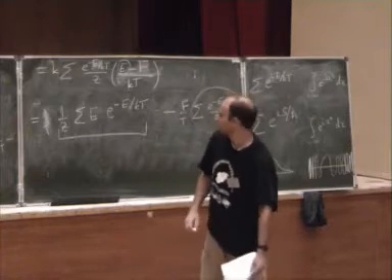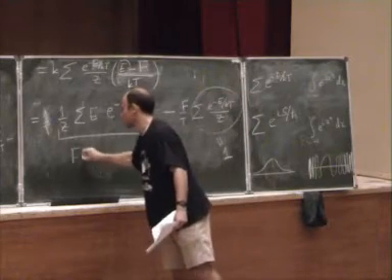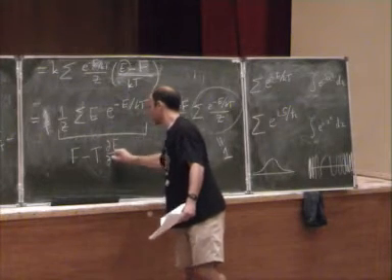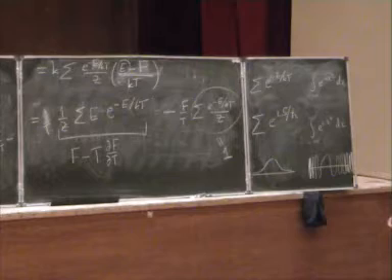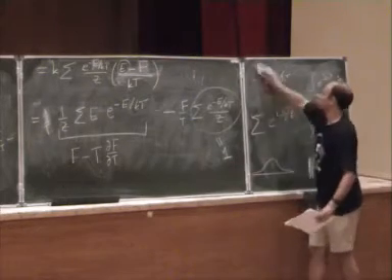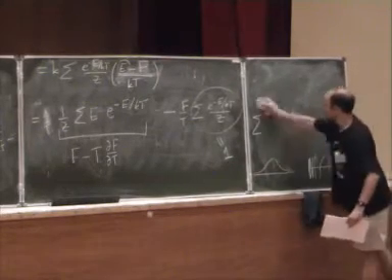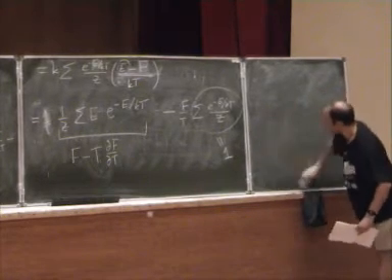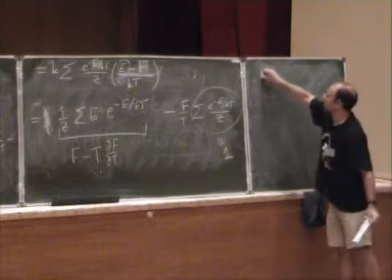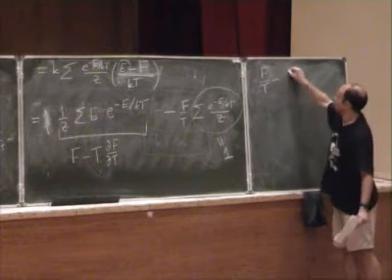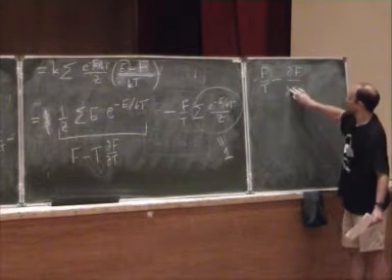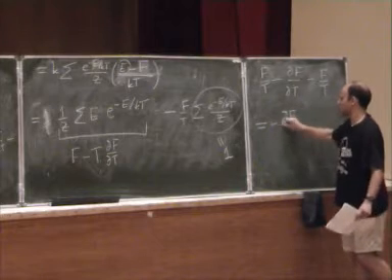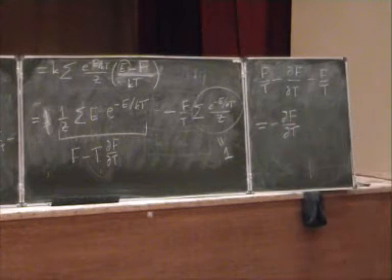This is the average energy, so this was equal to F minus T dF over dT. So finally I get F over T minus dF over dT and minus F over T. And this is equal to minus dF over dT, which is what I wanted.